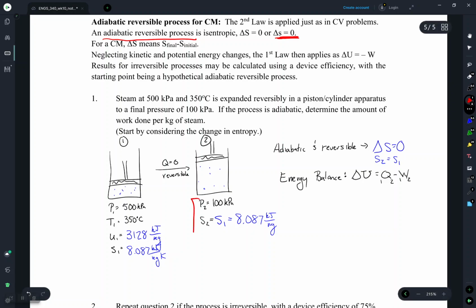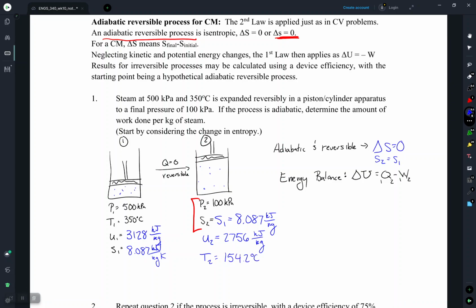Then what we can do is take that pressure and that entropy and look up what the final internal energy is. So U2 is 2756 kilojoules per kilogram, and we don't need this, but just for the sake of seeing it, this is 154.2 degrees Celsius.